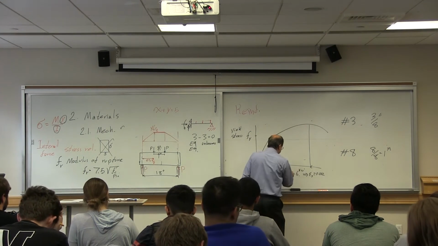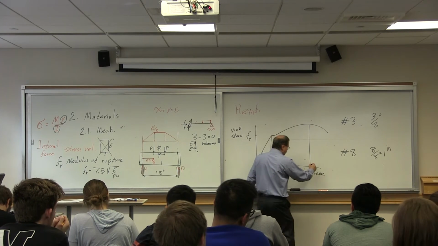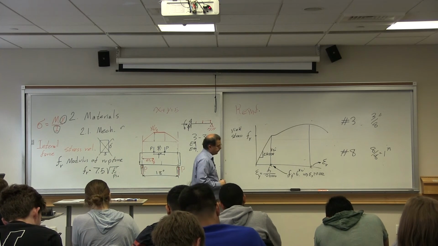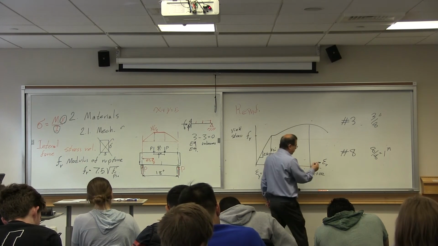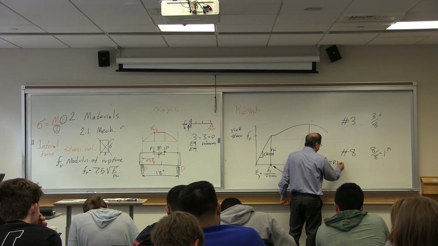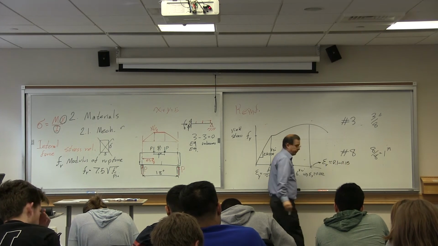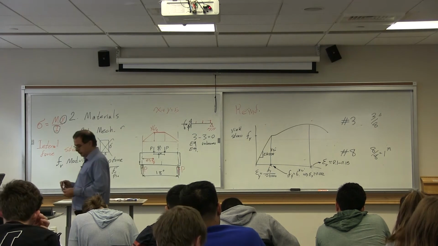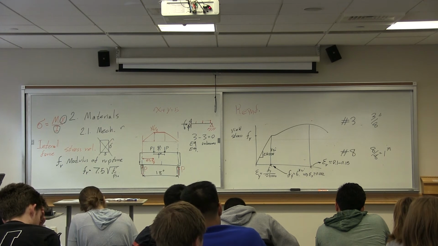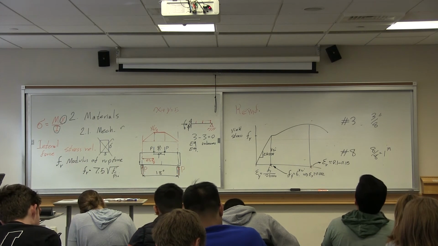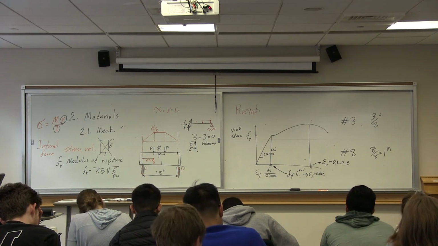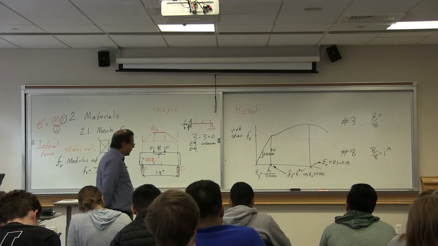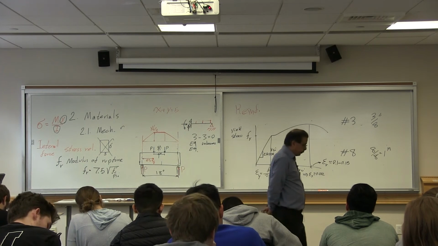Again, this point is epsilon at rupture. Epsilon at rupture could be approximately 0.1 to 0.15. How many times is 0.1 larger than 0.002? 50 times. 0.002 becomes 0.1.